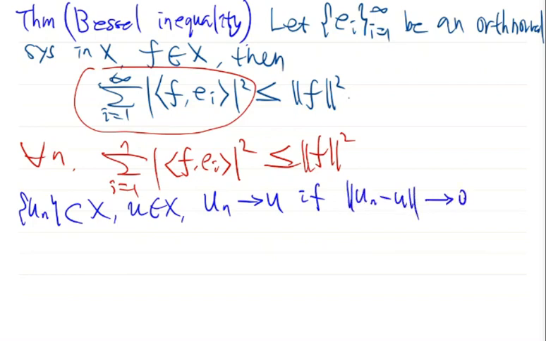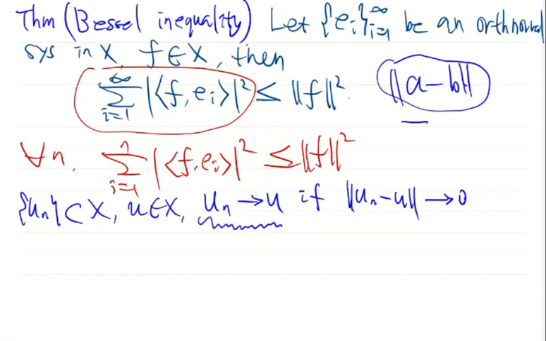We use the norm of A minus B, and call it the distance of A and B. So this is distance as in Euclidean space. If the distance from Un to U goes to 0, we say that the sequence Un converges to U.